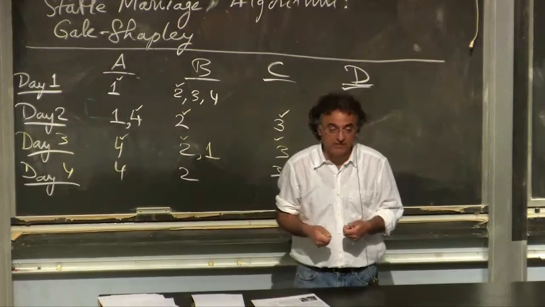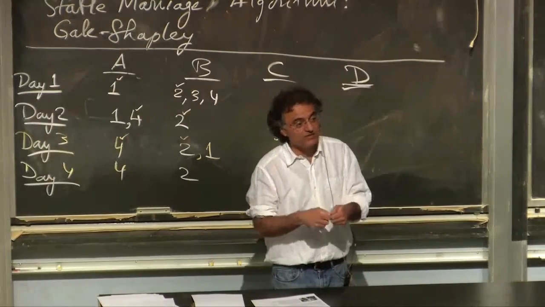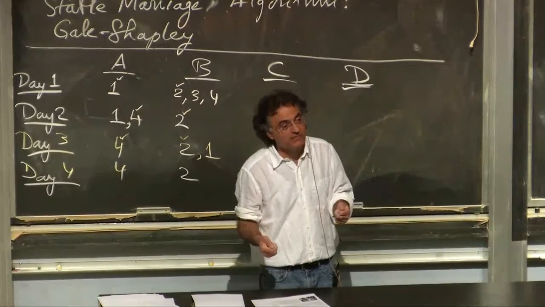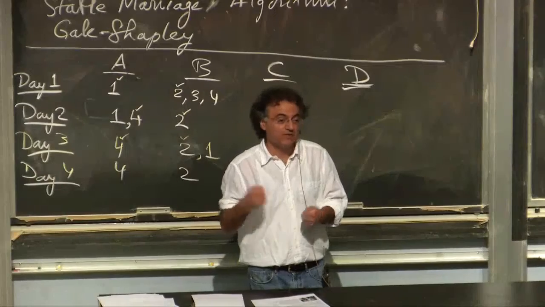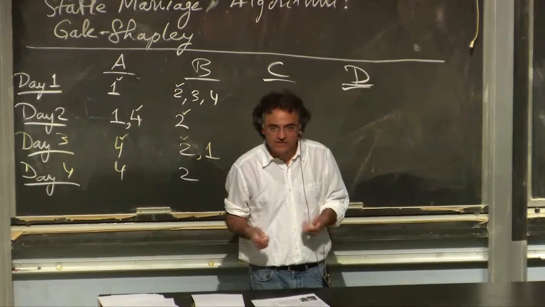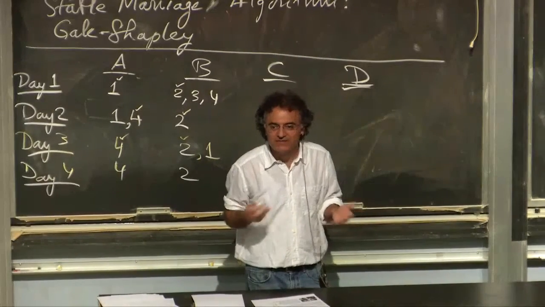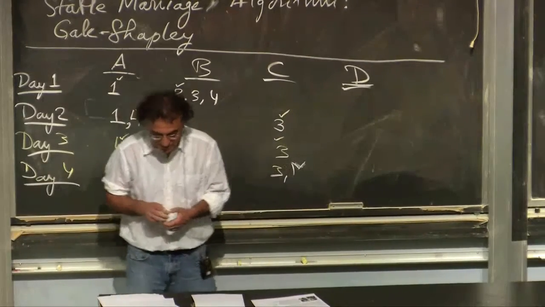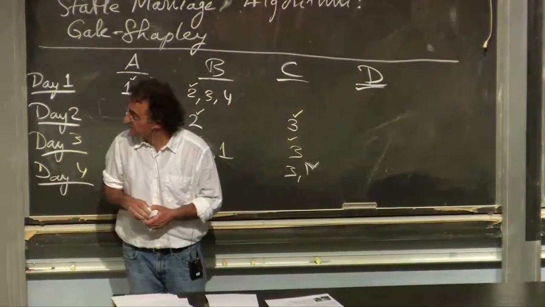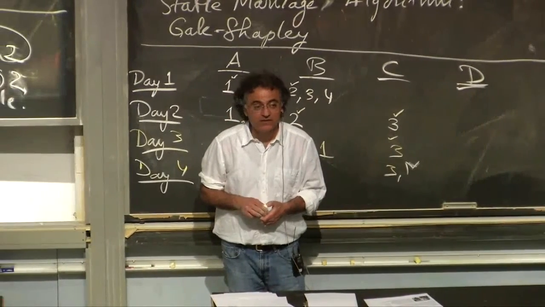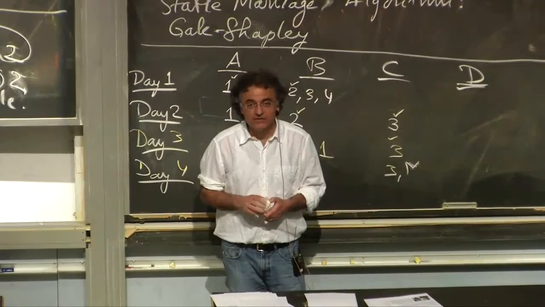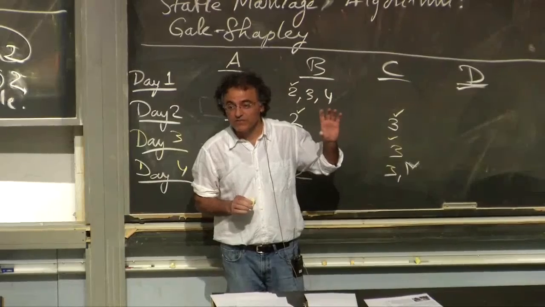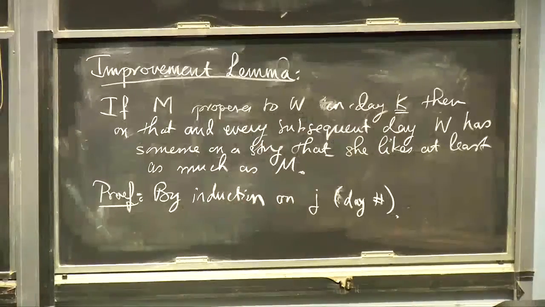Whoever she had on the string, he's going to come back, and he's at least as good as M, and it can only get better than that. So it's a straightforward induction, but it's an induction. Is it clear what the improvement lemma is saying? It's just saying things can't get worse. They only get better for a woman.